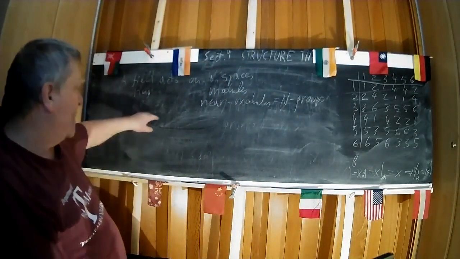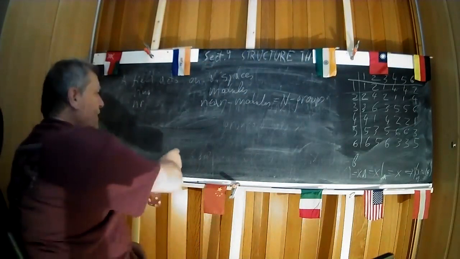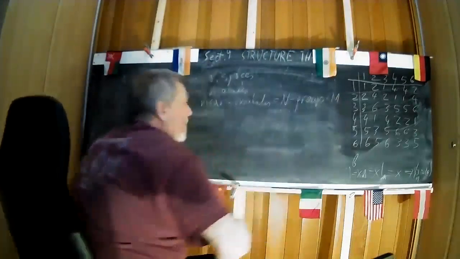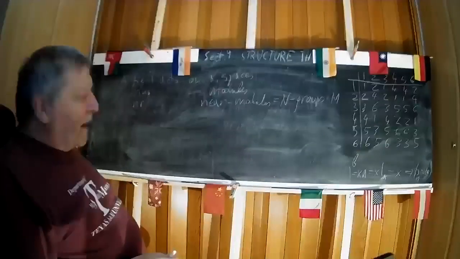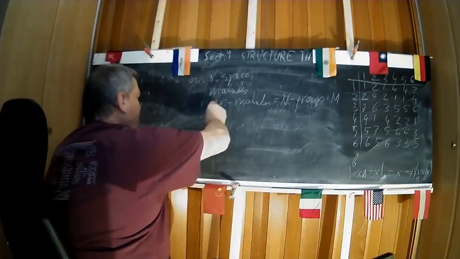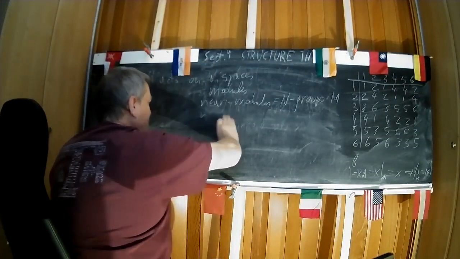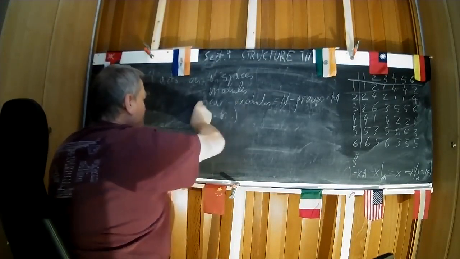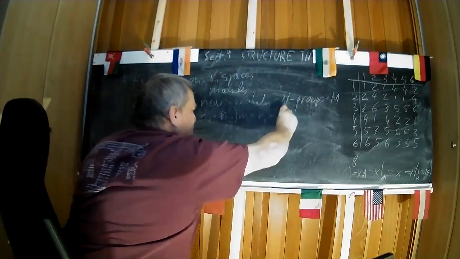How is such a near module defined? Suppose that we give you the near module M. M must be an additive group, of course, and the action must fulfill this: that we have (n1 plus n2) times m must always be n1 times m plus n2 times m.